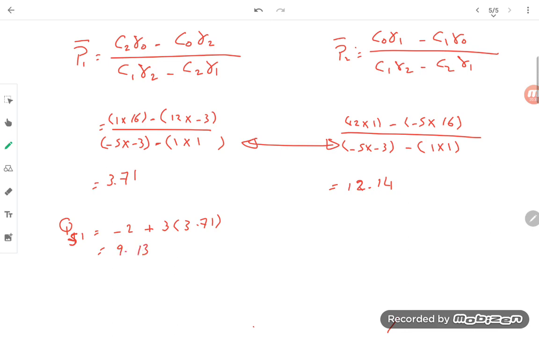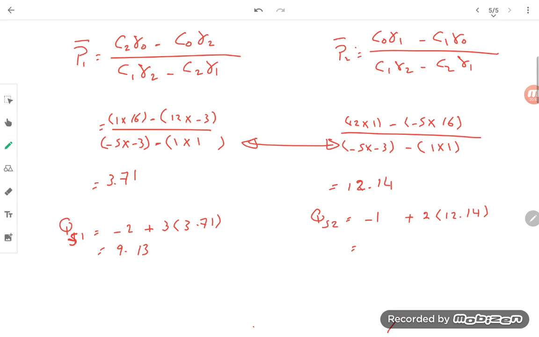And the same with respect to supply commodity 2, it's negative 1 plus 2 multiplied by P2, which is 12.14.